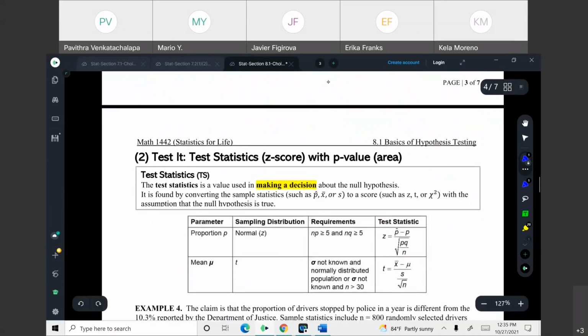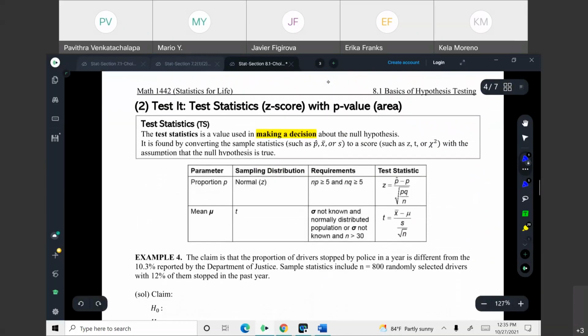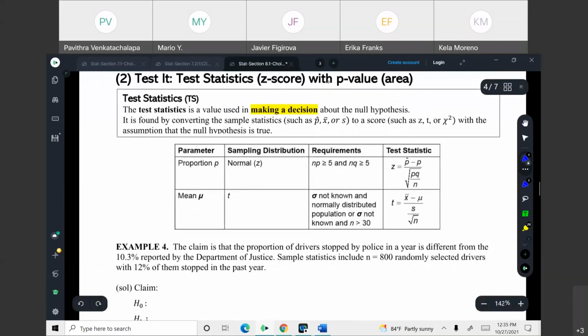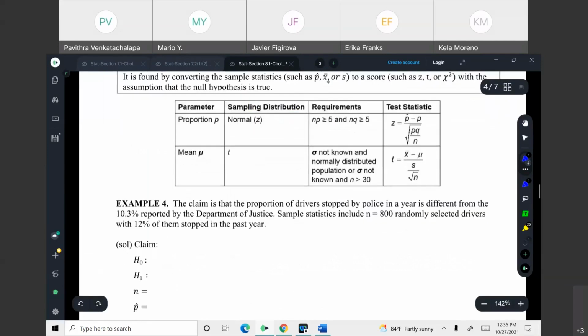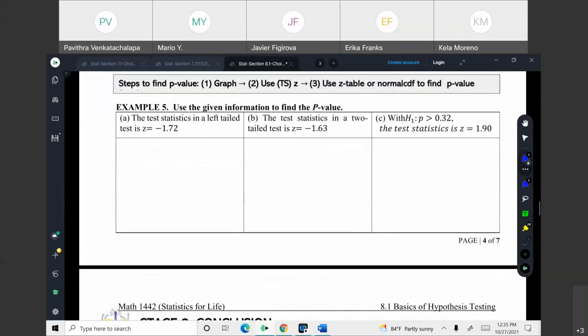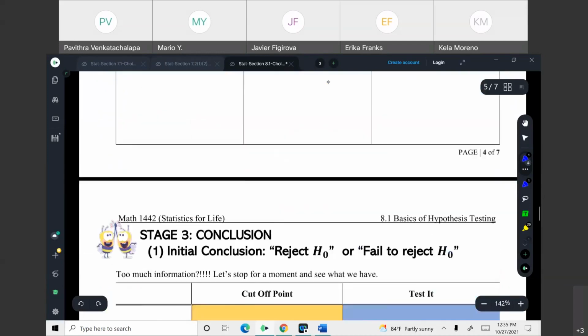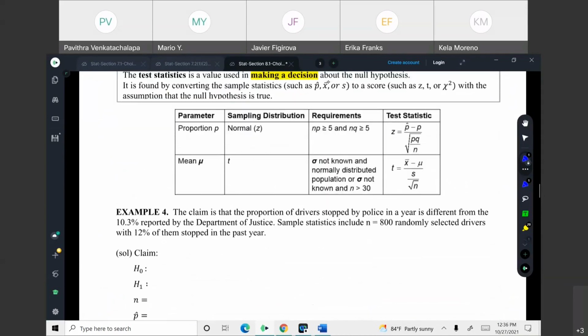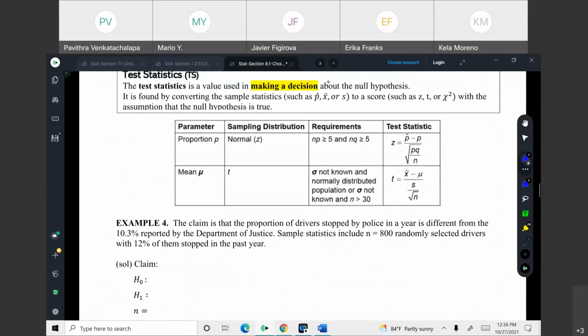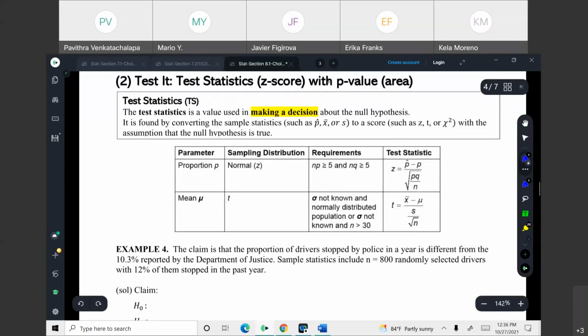Now next is test statistics. This is a value like your z-score or like a critical value. Now how do you find this? In this table you will have two more, that is chi-square and one more distribution, but maybe it is in section 8.2.